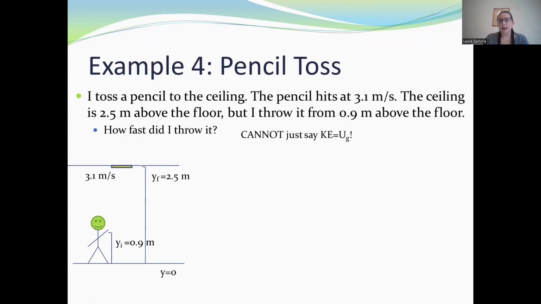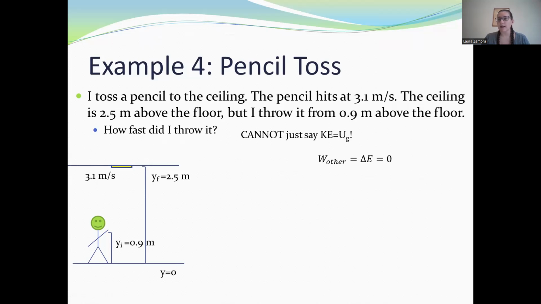So in this case, we can't just say that kinetic energy equals potential energy. We need to first ask ourselves if there are any other outside forces that might be influencing this system. Once again, since I didn't give any information about friction or air resistance, we're going to assume that those are negligible.